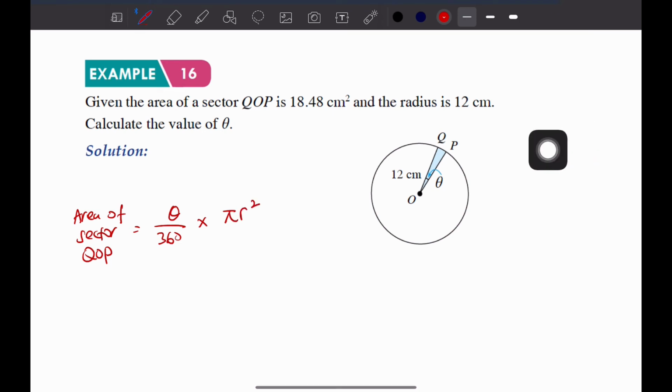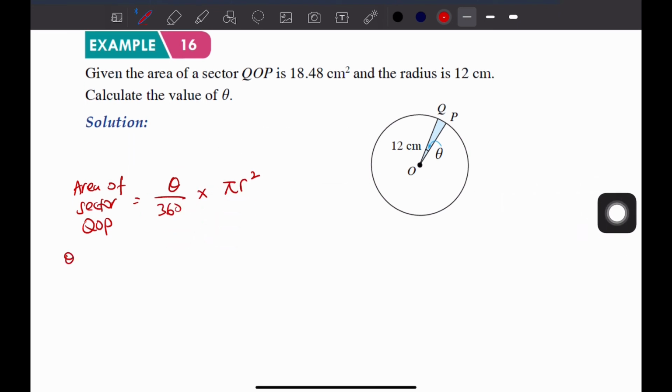You want to find theta, so let's move it to the left side. So theta over 360 times pi, 22 over 7, times r, 12 square, equals the area, 18.48.